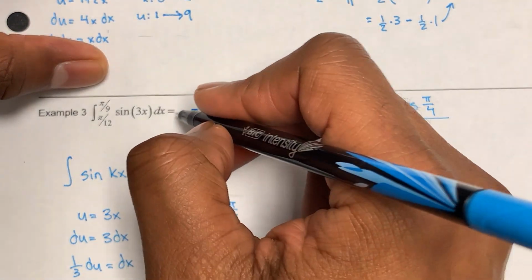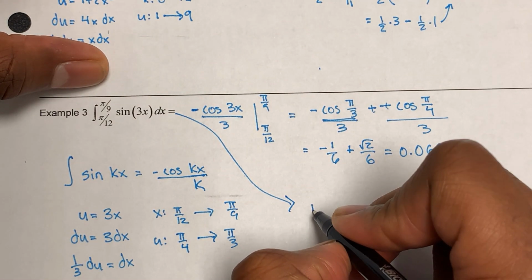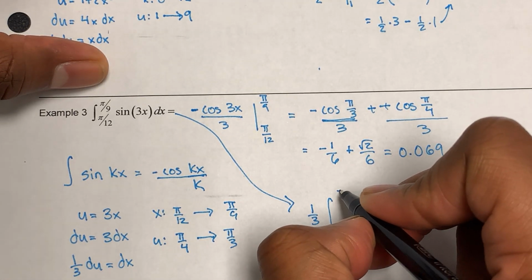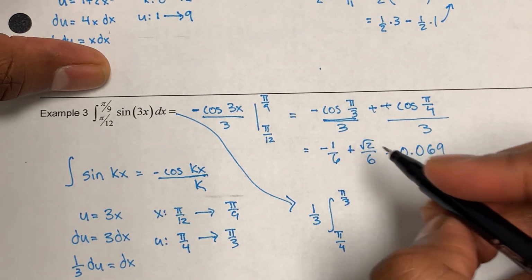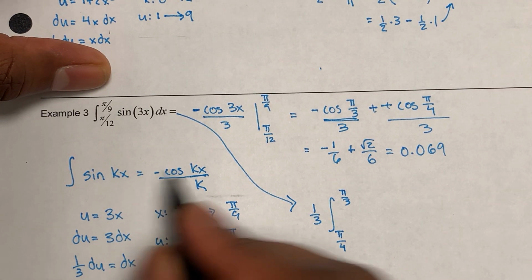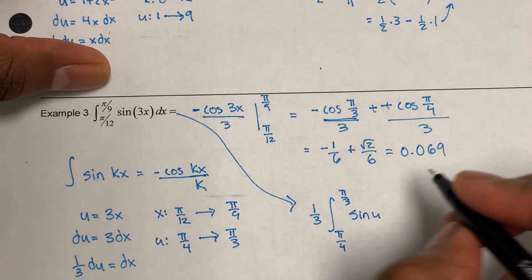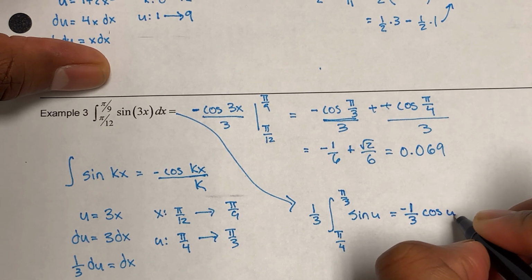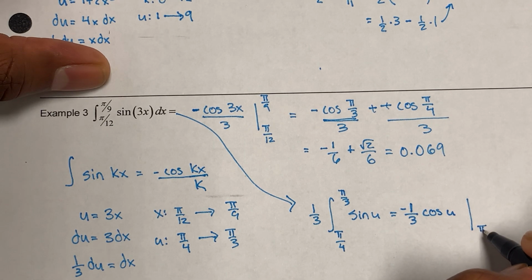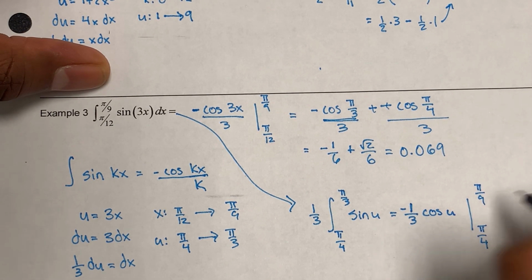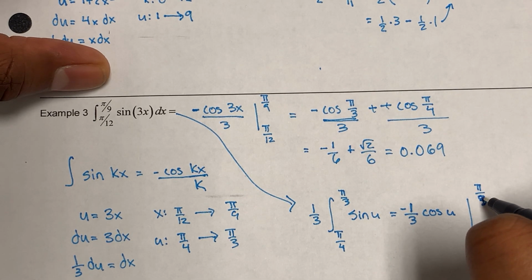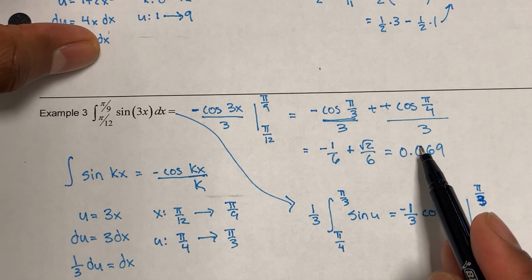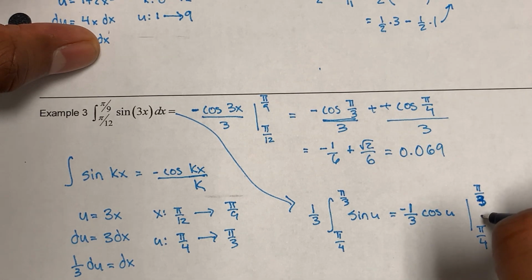So when we rewrite this integral, it's going to be 1/3 the antiderivative from pi over 4 to pi over 3 of just sine u, right? So we'll get negative 1/3 cosine u evaluated from pi over 4 to pi over 3, not pi over 9, so pi over 3. And from here, we would get exactly the same thing that we did right here. It's just two ways of verifying the same result.